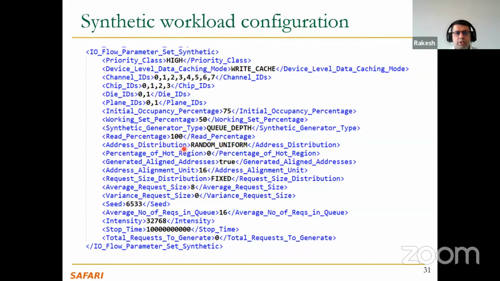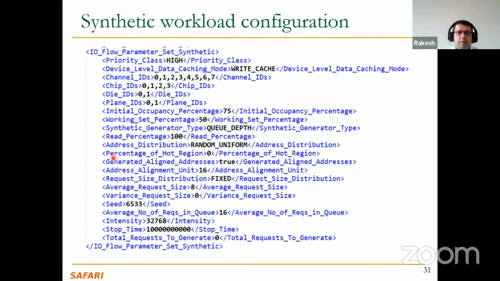And the address distribution tells us whether it needs to be random address generation, uniformly distributed across the logical address space of the device. Or we can also configure it to perform hot writes, and basically hot requests, where the same or a smaller logical address space will be accumulated with a large number of requests.